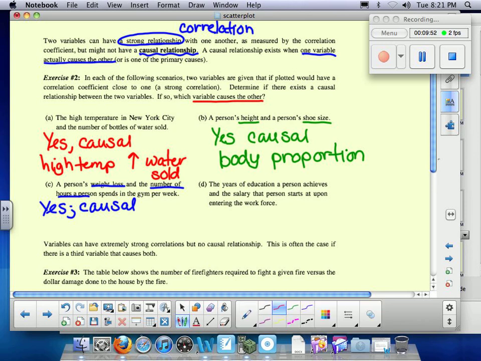And then our last example. The years of education a person achieves and the salary. So how long you're in school and how much money you make. Take a minute and write down if you think that is a causal relationship. In other words, does the years that you're in school cause you to have a higher salary? And the answer is yes.